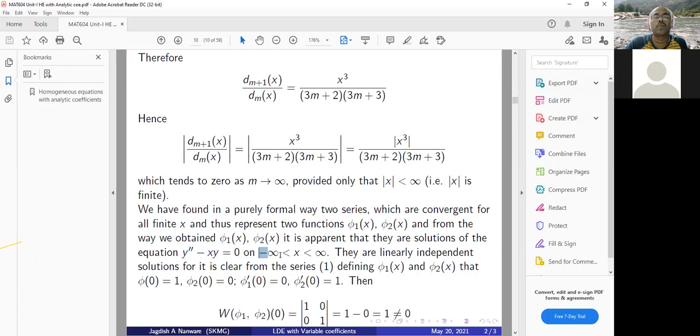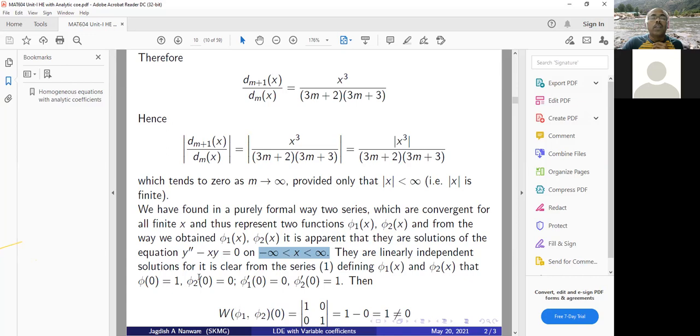And what is the region of convergence? Modulus of x is less than infinity. It means minus infinity is less than x is less than infinity. In other words, these two series converge on the real line.